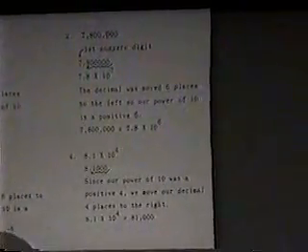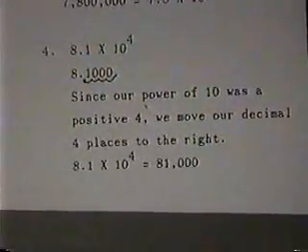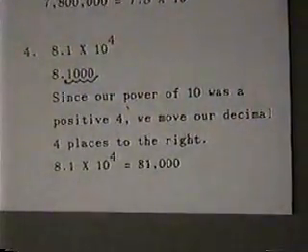All right, so let's look at example 4 now. And let's go the other way. Let's write it out. If we have 8.1 times 10 to the 4th, then we go this direction. Okay, so the number is 81,000.